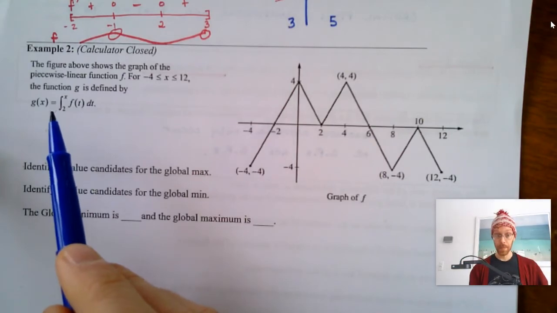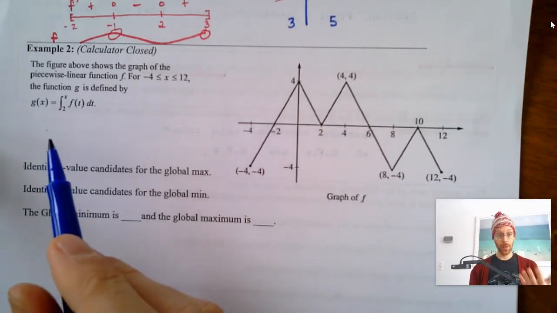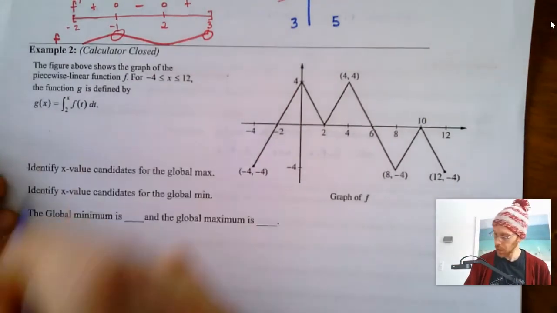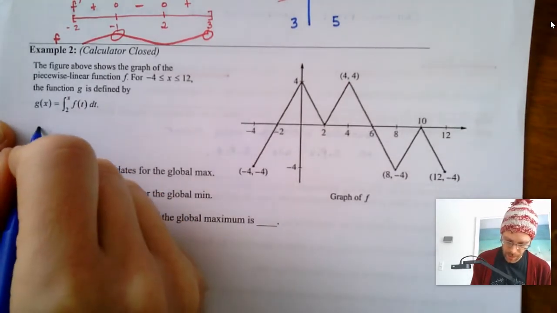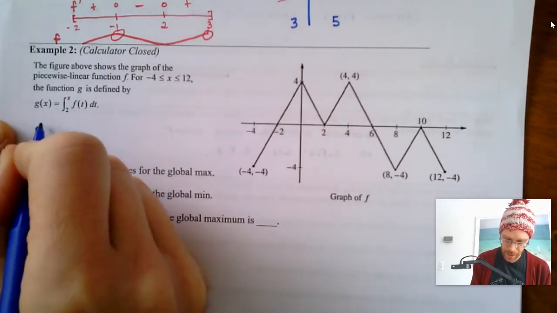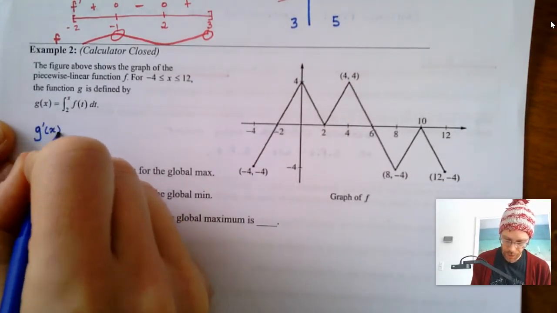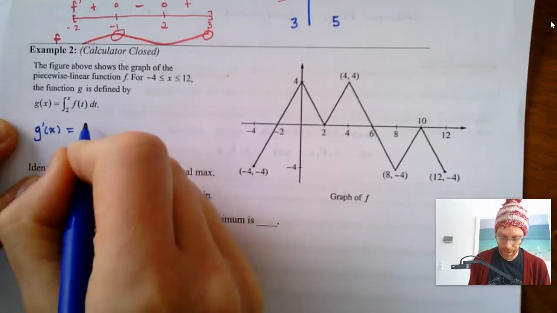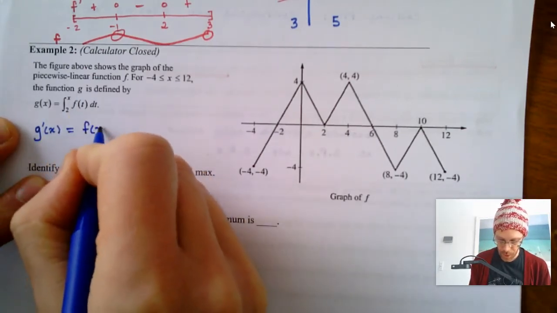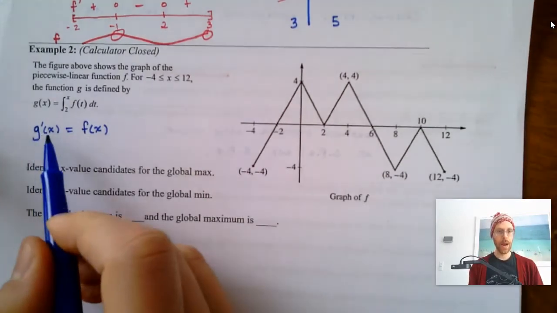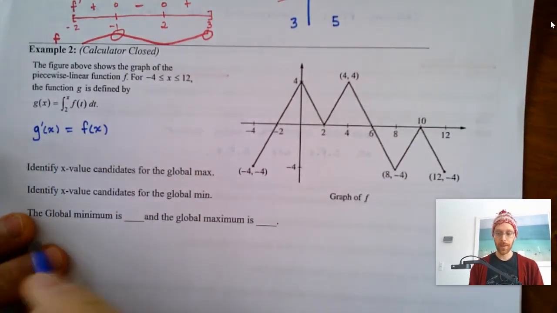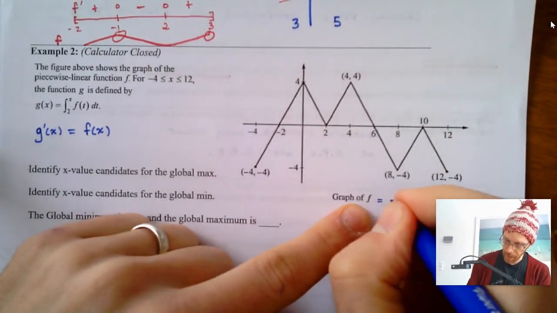An integral function. We know that as soon as we see an integral function, the first thing that we are going to write down is that the rate of change of the function is the integrand. So g prime of x is f of x. And this is f over here.